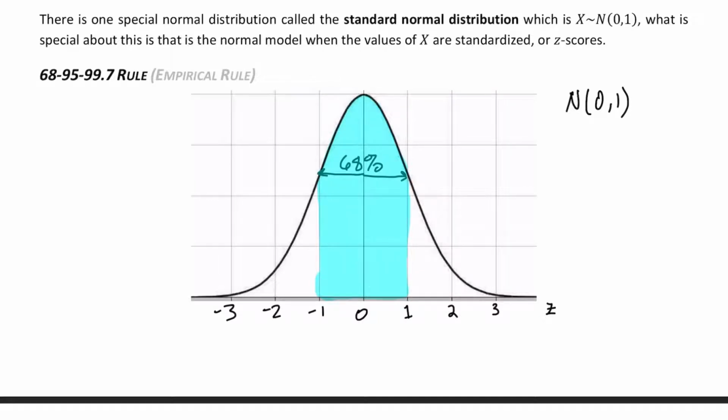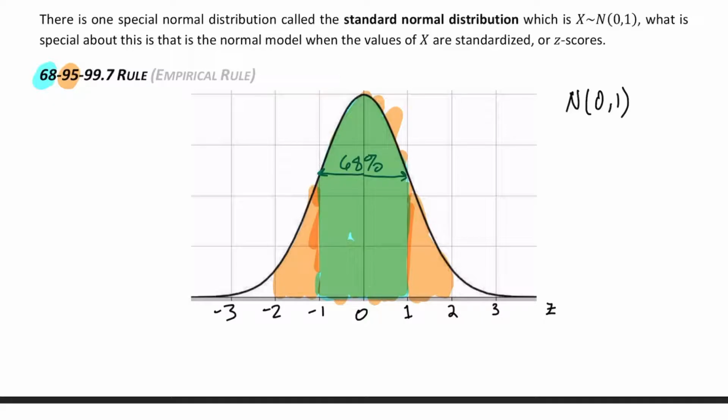All right, the second number, this 95, that's if I go up from the mean 2 standard deviations and down 2 standard deviations, then 95% of the data between those two marks is going to be under the curve. So if I go from -2 all the way up to +2, let me color all this. I'll actually erase this orange overlay in just a second. And then up here from 1 to 2.